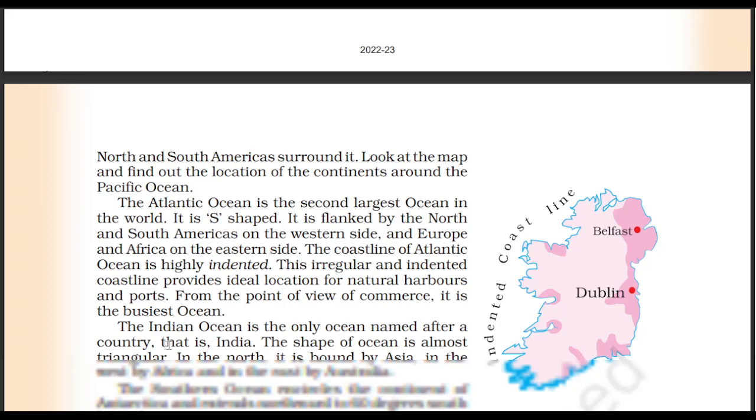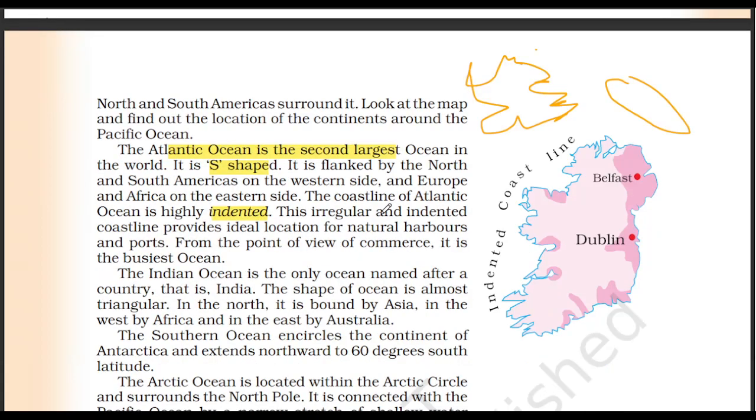This irregular and indented coastline provides ideal locations for natural harbors and ports. So from the point of view of commerce, it is the busiest ocean.